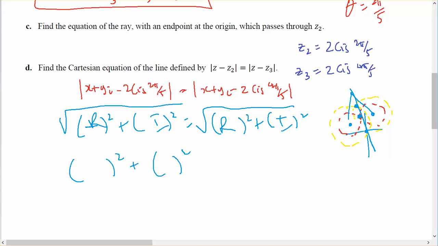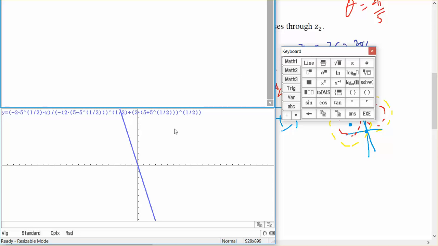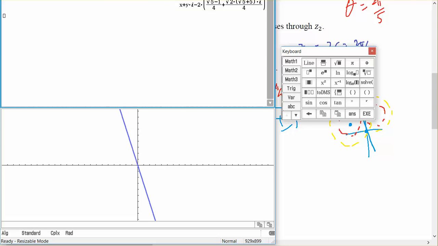Okay, so I've got my situation over here. I'm actually going to go out of fixed mode and I'm going to give you a bigger size screen for you to see so that we know what's going on. So if I just press Exe, that gives me that. And if I go to application, interactive.